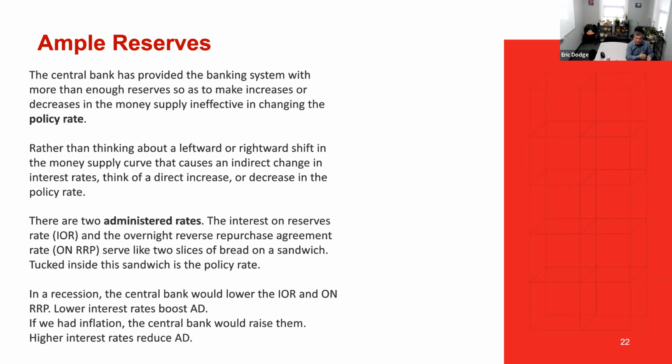So if the economy was in a recession, they would drop those two slices of bread and move the policy rate down. If we were fighting inflation like we are now, they would move both of those up, moving the policy rate with it. And then in theory, aggregate demand would go in the desired direction.